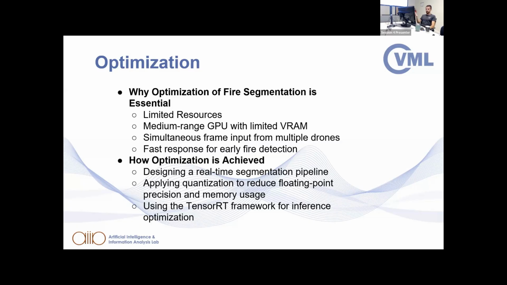This is very important. The second step is using quantization to reduce the floating point precision. This means that if we have a model with 12 million parameters, then instead of representing each parameter with, for example, 4 bytes, we could use just 1 byte or 2 bytes.